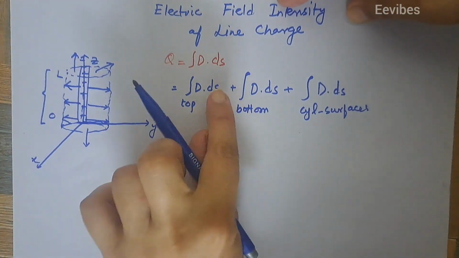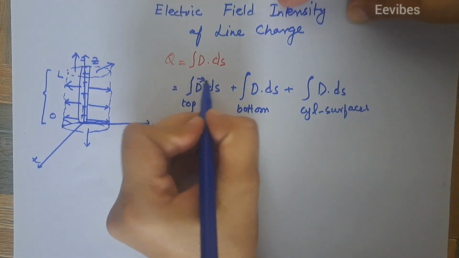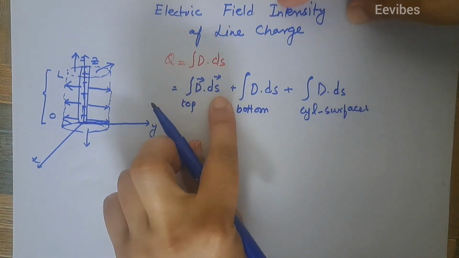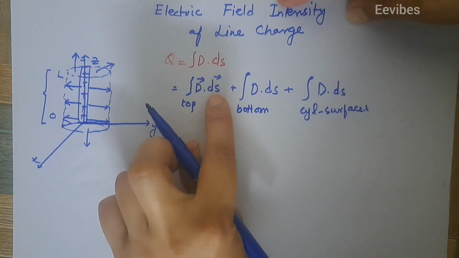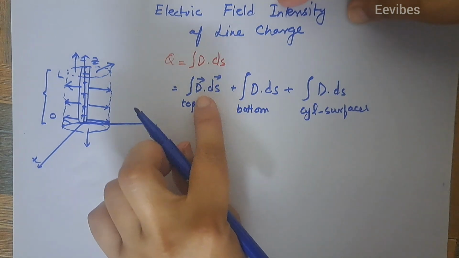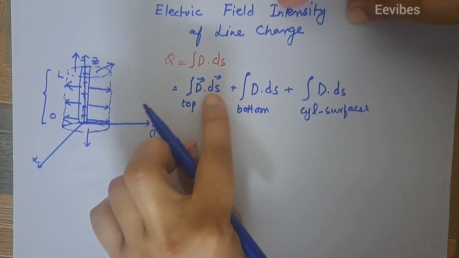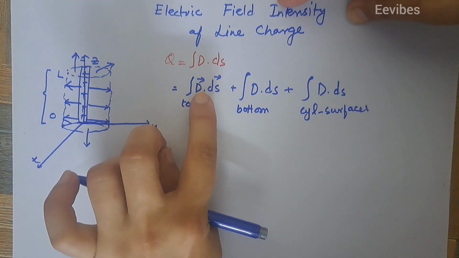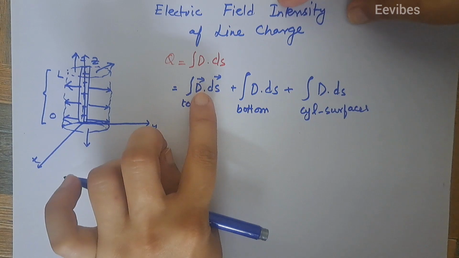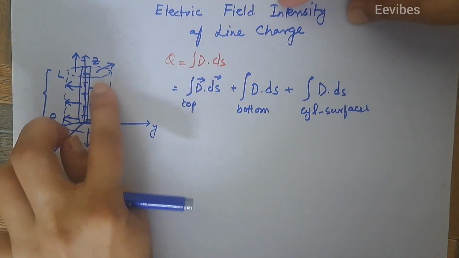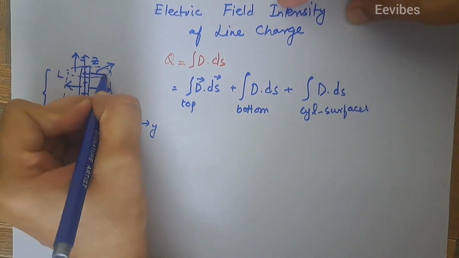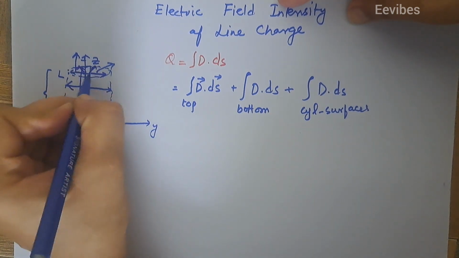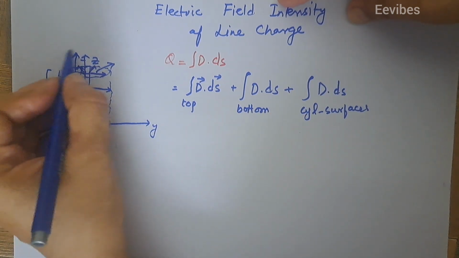All right, now D is the electric flux density, and the surface area also has a particular direction, which is always normal to the surface. These two are vector quantities, and we are going to take the dot product. Since we have assumed that the flux density is constant on the top surface, the value of D is along the radius line of this cylinder, while the surface area is pointing upward.